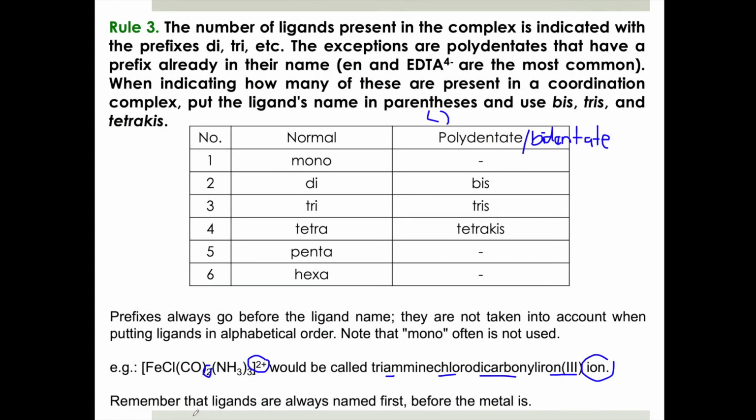So if you have a triamine, you need to refer to the A, amine, not the tri. This is what I have already stated to you, that the di, bis, tris, or tetrakis is not taken into account when you put ligands in alphabetical order.